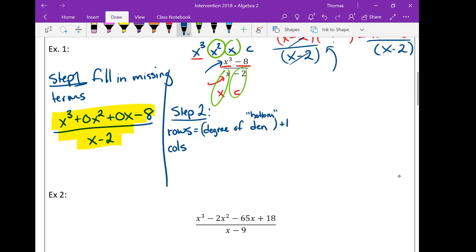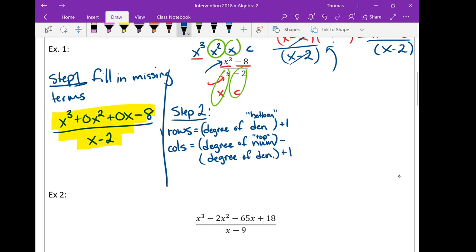And the columns in our box is going to be the degree of the numerator, aka the top, minus the degree of the bottom denominator, plus 1.